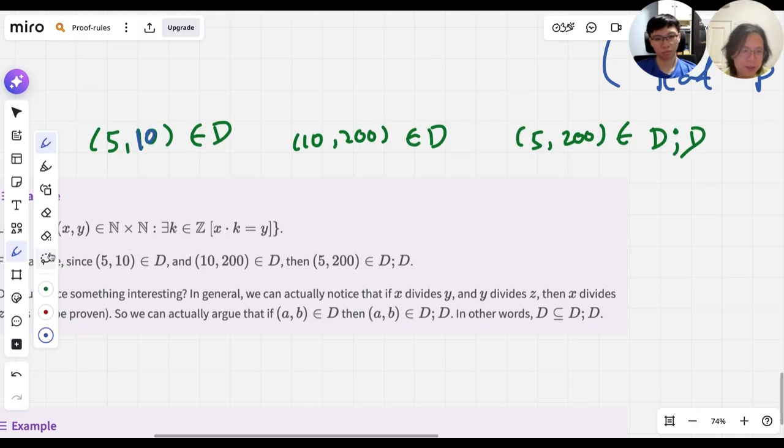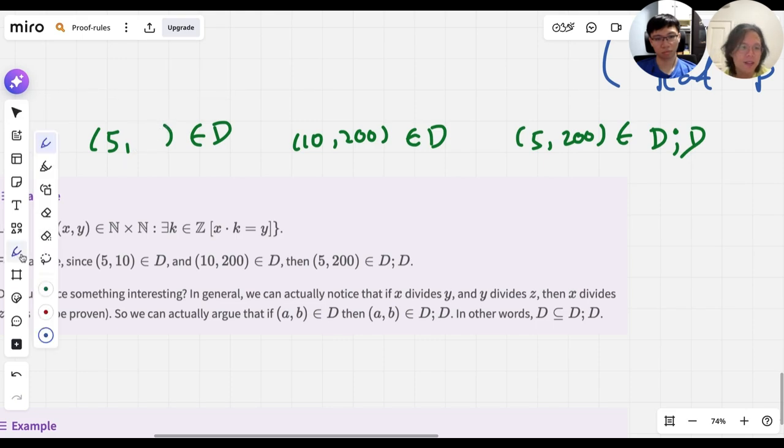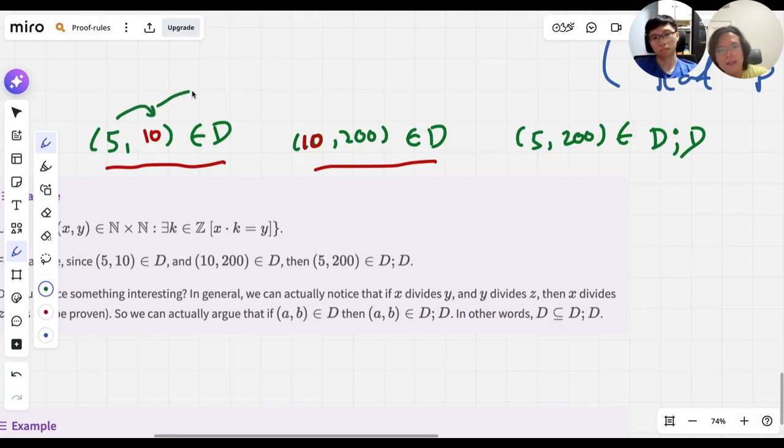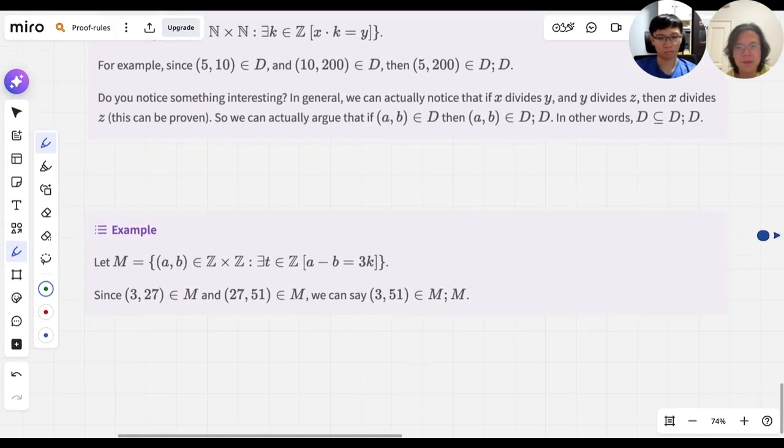Let's use red so it pops. (5, 10) and (10, 200): this is in D as a relation, and this is also in D. So 5 goes to 10, which is the same 10 as this one, and 10 goes to 200. So (5, 200) is in D semicolon D. Does that make sense? It's all about finding the middleman.